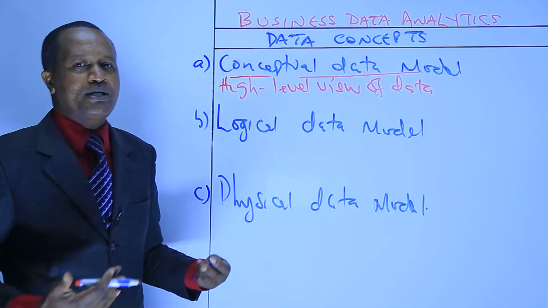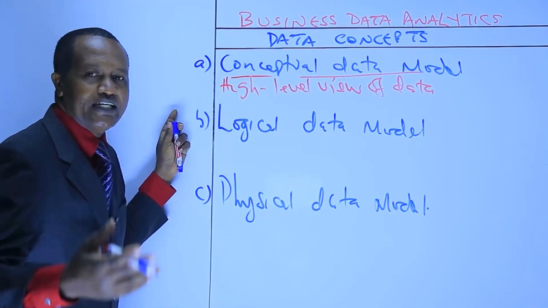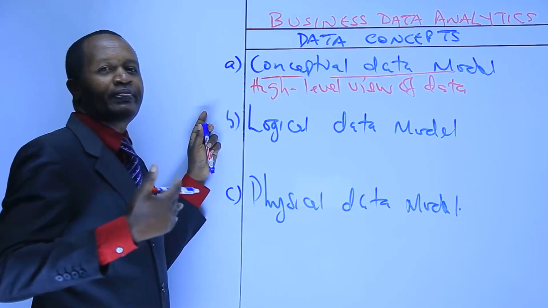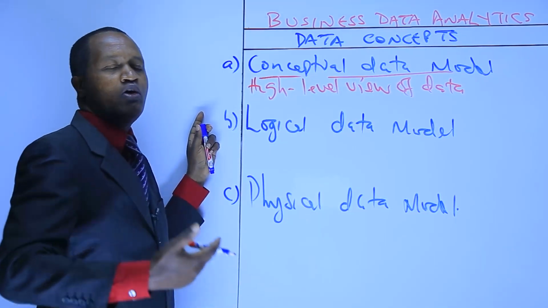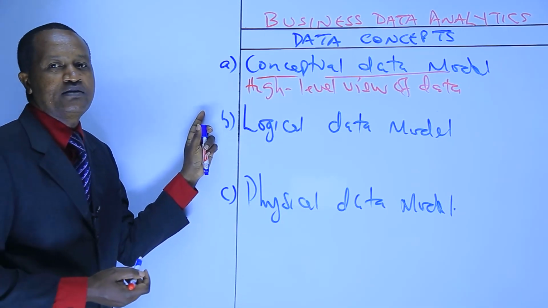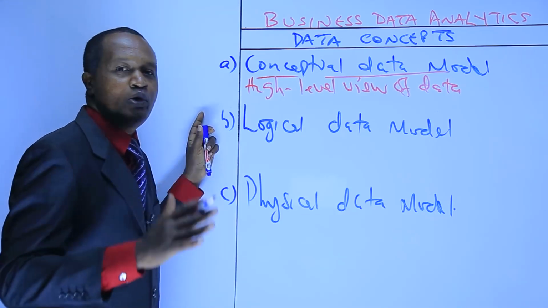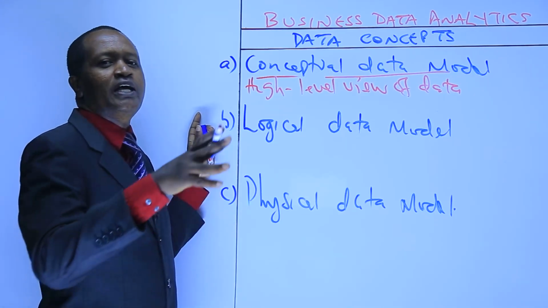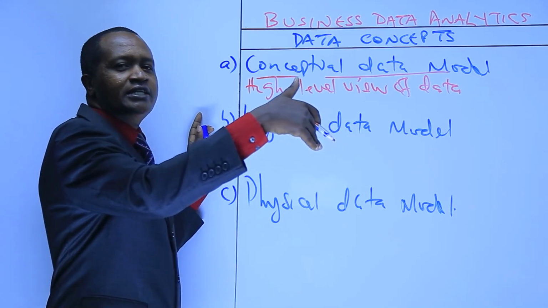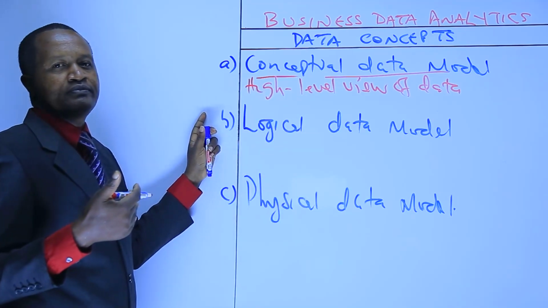And the main purpose of the conceptual data model is to provide a clear understanding of the data requirements and the business rules of an organization. Do you understand? Conceptual data model focuses on business concepts on the one hand and the relationships between the business concepts.